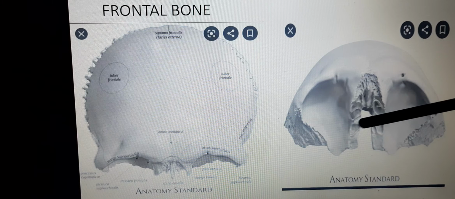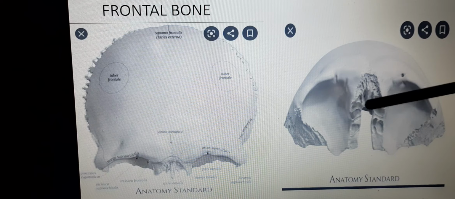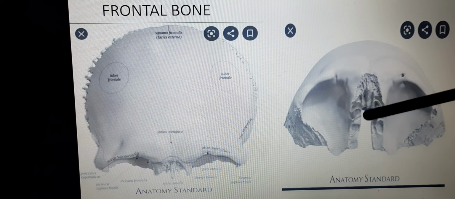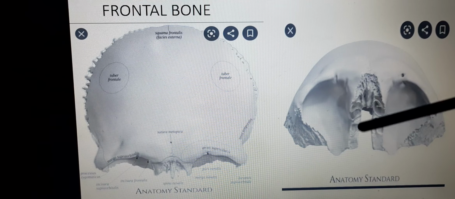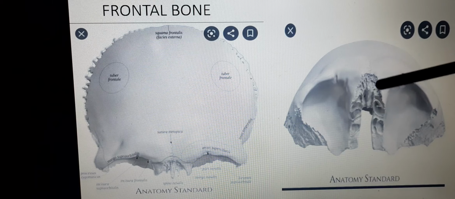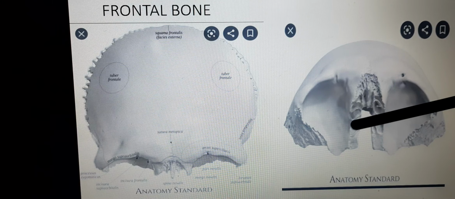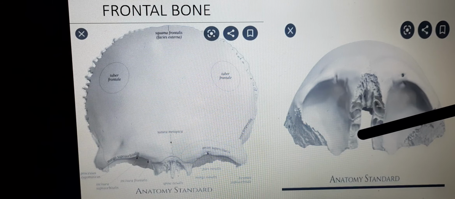So between these two orbital plates, you are seeing there is a notch. This notch is known as ethmoidal notch because the cribriform plate of ethmoid bone is present in this notch, and you are seeing the two transverse notch lines here, one anterior and one posterior. The anterior one is known as anterior ethmoidal notch, and the posterior one is known as posterior ethmoidal notch.